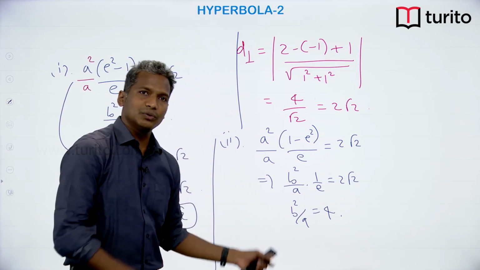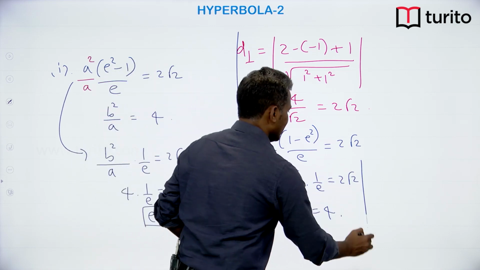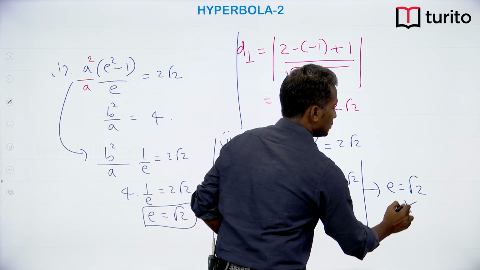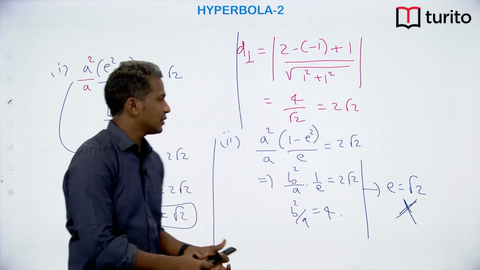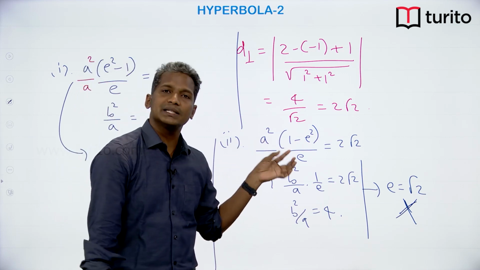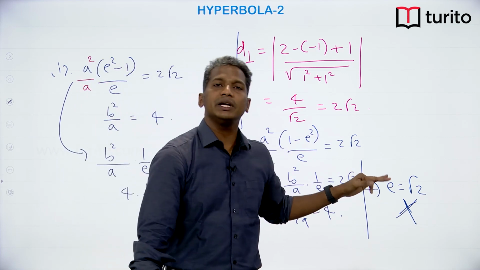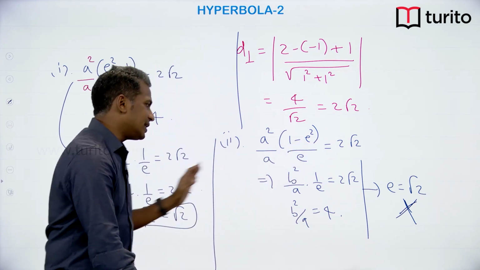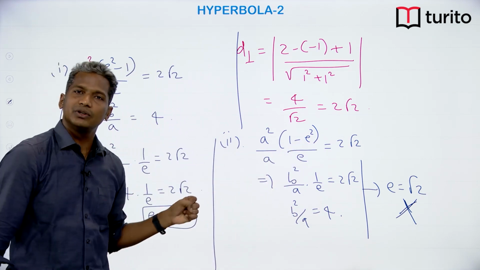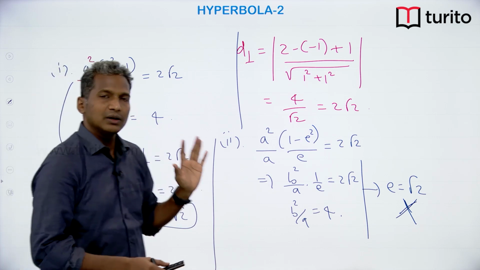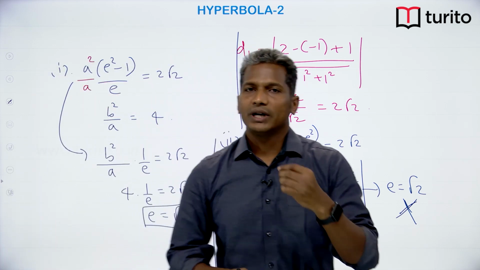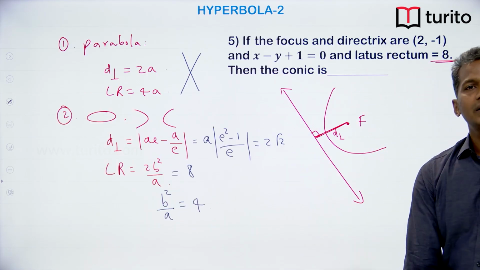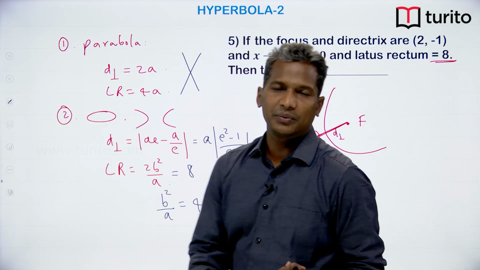So, here also by taking the ratio of these two, we are getting e is equal to root 2 only, but this is rejected because we wrote this assuming that it is ellipse, but we got the value of e which is not for ellipse. So, this case is rejected. So, either way basically we are getting e is equal to root 2 only. So, for this curve we can say that the point lies on hyperbola, which is also rectangular hyperbola. Okay. So, the conic is rectangular hyperbola.